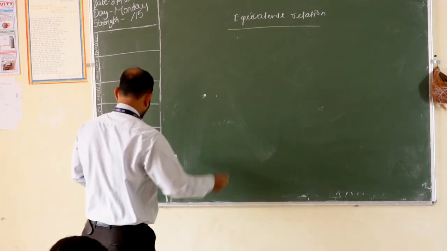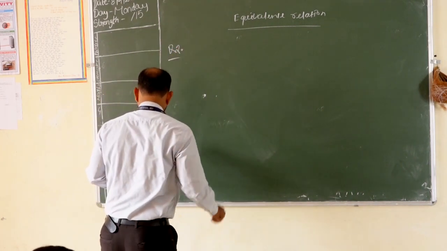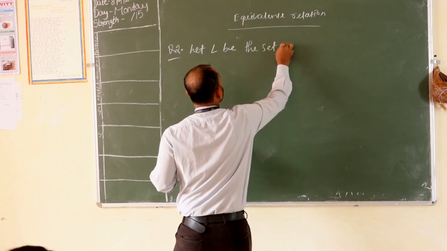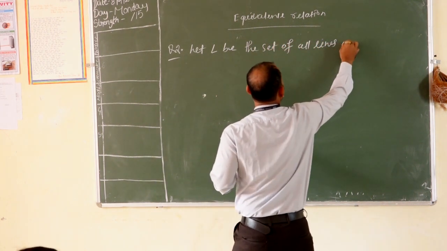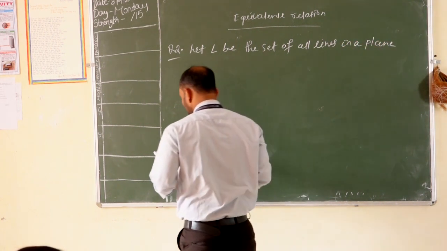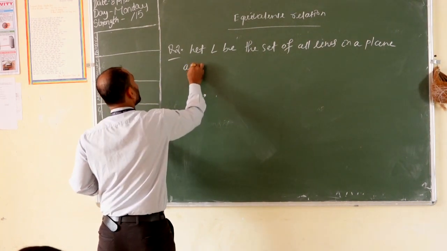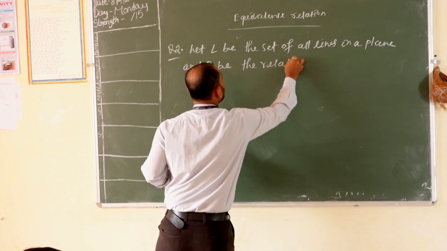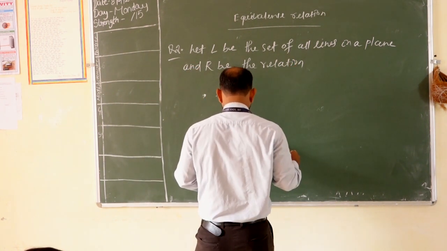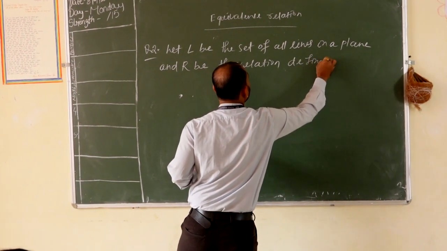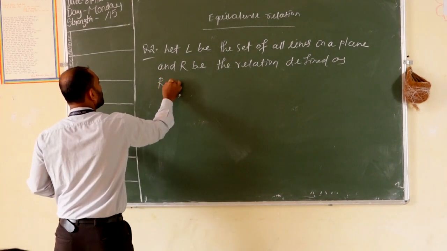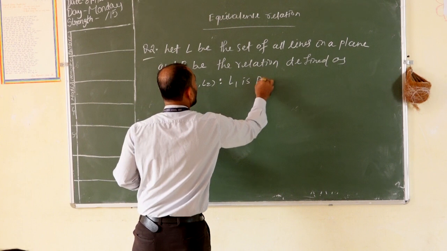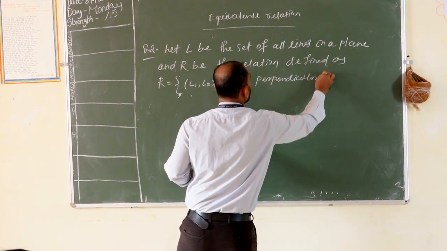Next example, question number 2. Let L be the set of all lines in a plane, and R be the relation defined as R equals L1, L2 such that L1 is perpendicular to L2.